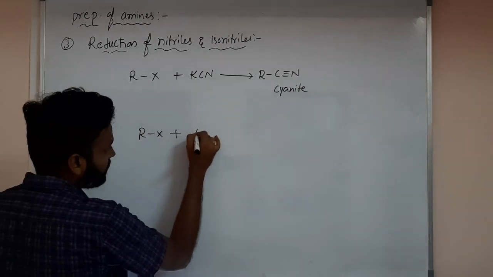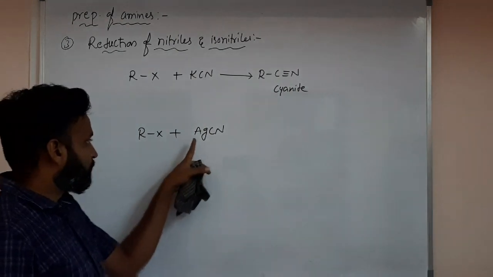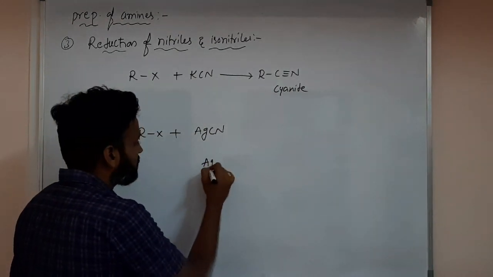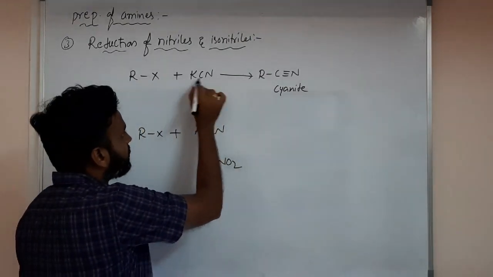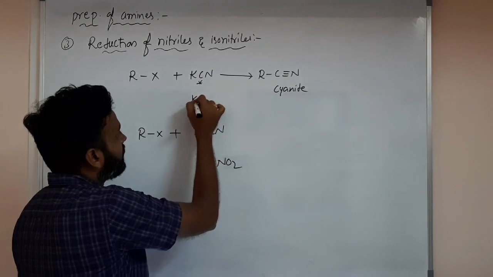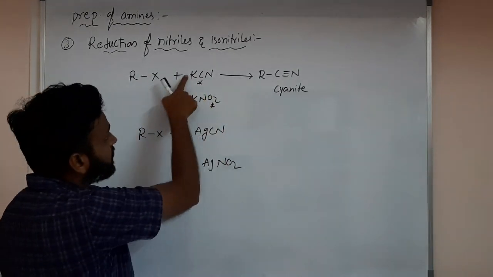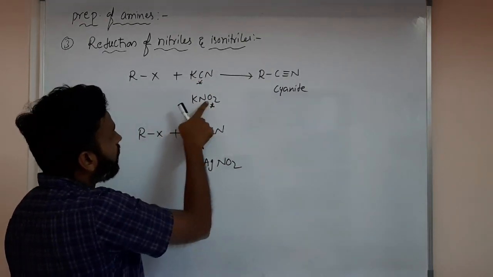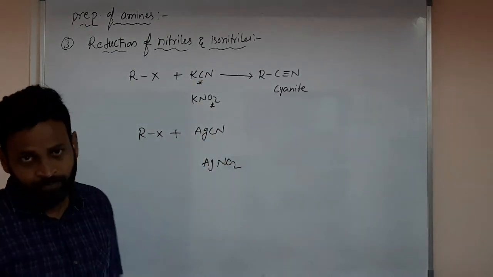RX when it reacts with AgCN. I told you, remember or not? With silver, nitrogen will form the bond. Not only with this, even with AgNO2, nitrogen will form a bond. But with KCN, carbon forms the bond, and with KNO2, oxygen will form the bond, not nitrogen. In both cases, KCN and KNO2, carbon or oxygen forms the bond with the alkyl group, but not nitrogen.